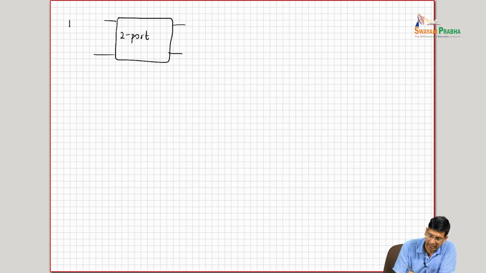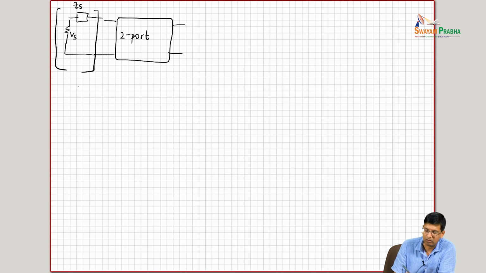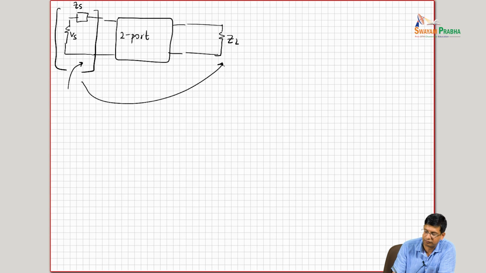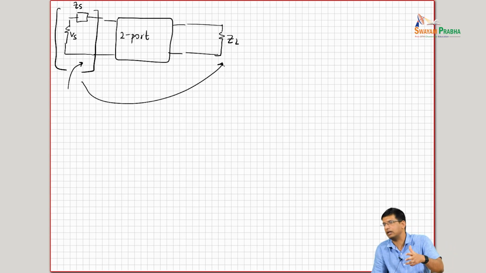Let's say that I have a source. Again, for now, I'm going to explicitly write the sources with some Zs. So I have some source, and I'm trying to drive a load. I basically want to maximize the power transferred from the source to the load, and I have put this 2-port in the middle.